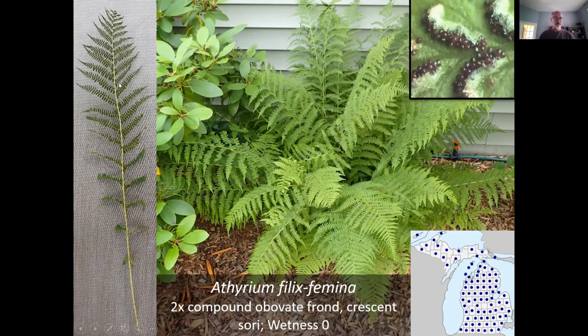It's, I don't know, 3/4 of the way up from where the leaflets begin. Kind of widens and widens till about maybe here, and then it narrows up. So it's obovate in its overall shape. That's really diagnostic for sure for lady fern. Lacy, obovate, lady fern, you're done.